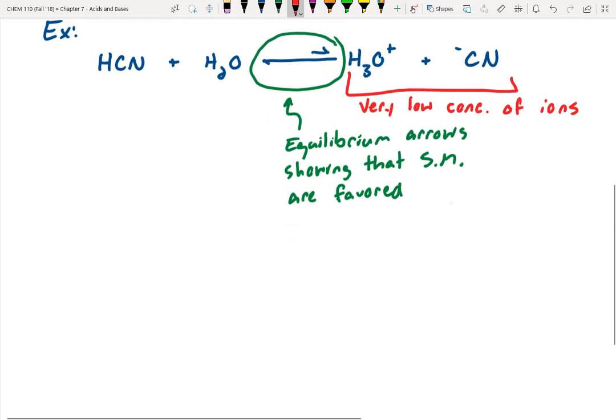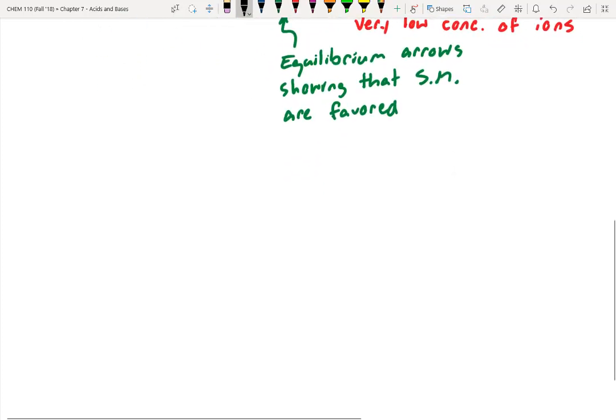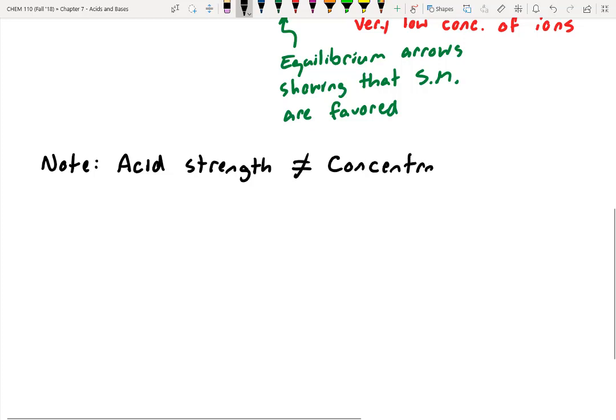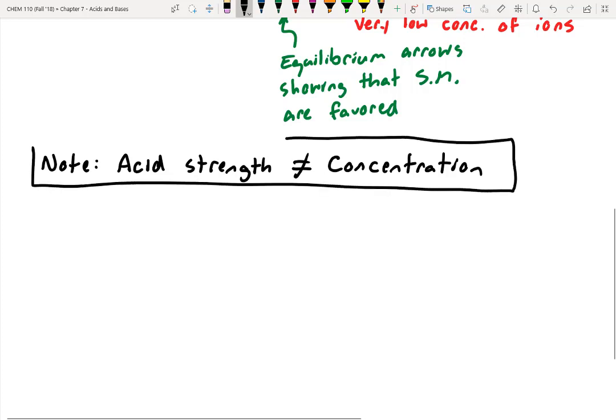Okay. I did want to make an important note, though. This is something that students mess up a lot, is that an acid's strength does not equal concentration. Some students think if you have more and more of an acid, shouldn't that make it a stronger acid?